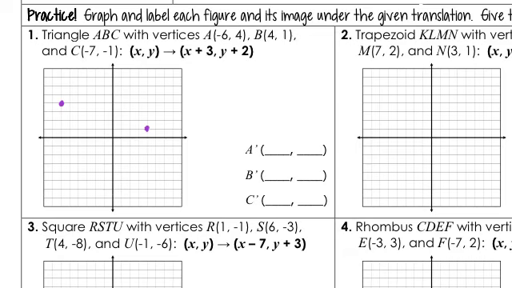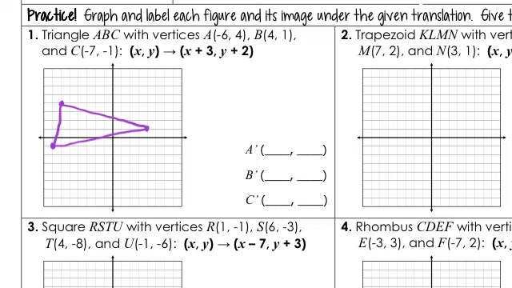And C is -7, -1. Now notice, unlike reflections, these vertices are located in 3 different quadrants. That can happen with reflections as well. We just focused everything in one quadrant to kind of make it easier for you.